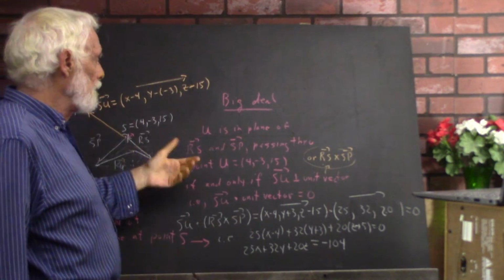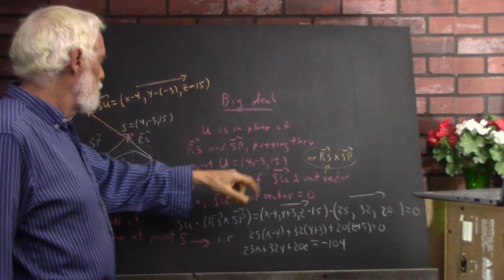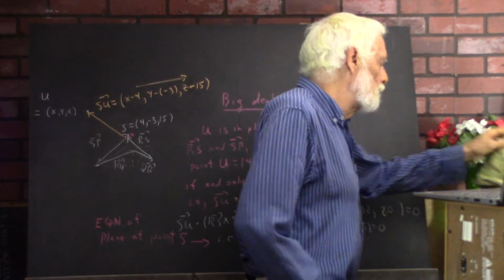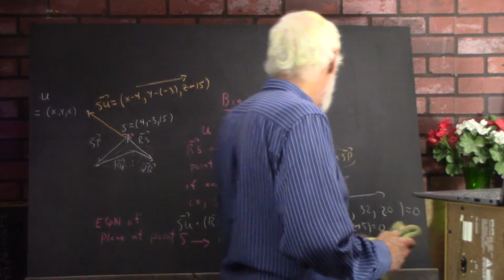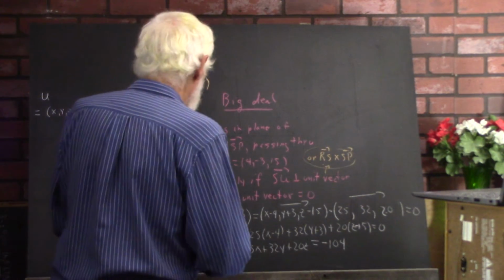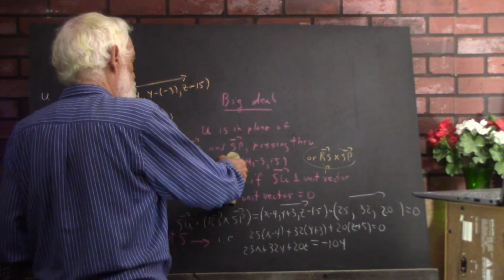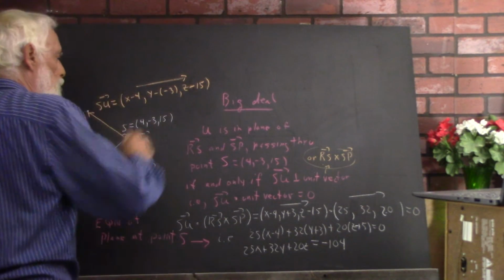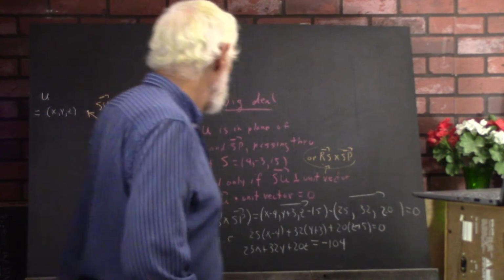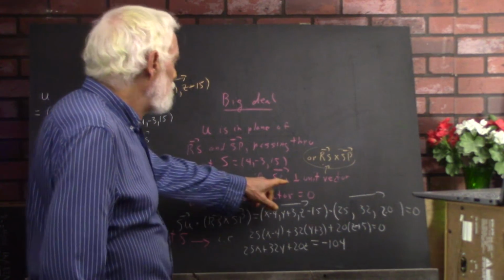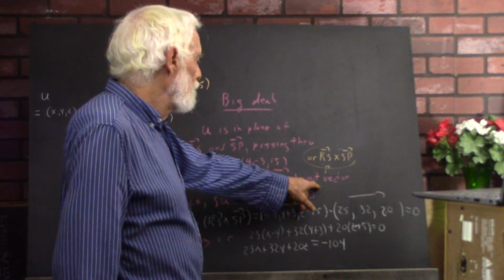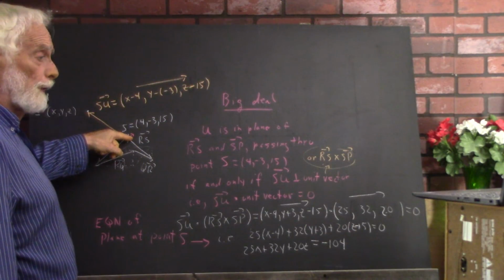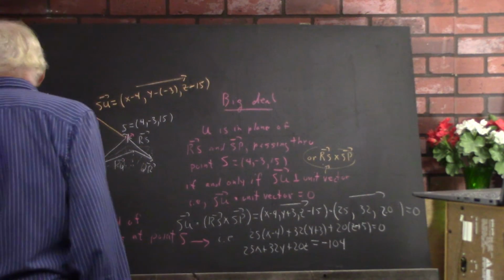So here's a big deal. I've made the statement: the plane of RS and SP passing through the point S, which is the point 4, -3, 15, contains the point U if and only if the vector SU is perpendicular to that unit vector that we calculated earlier, 0.8i plus 0.6j plus 0.4k, I think.